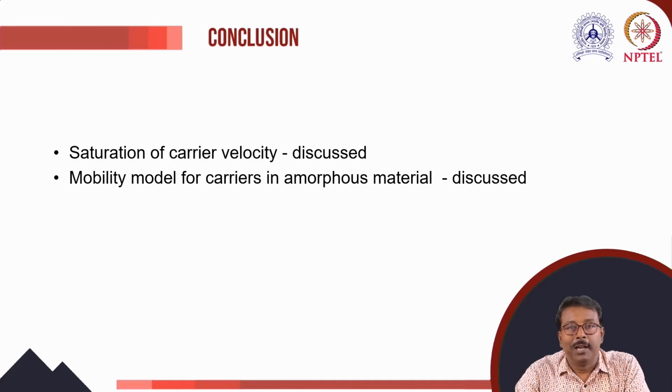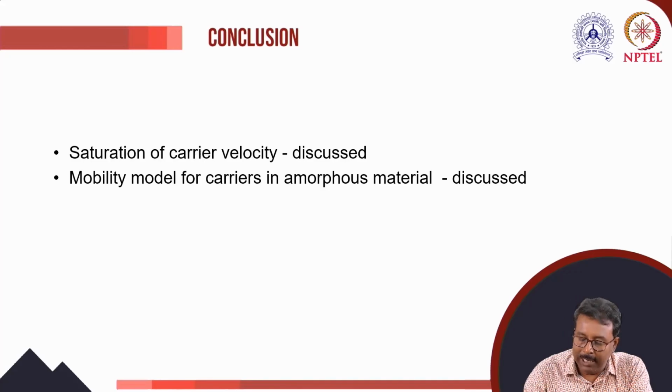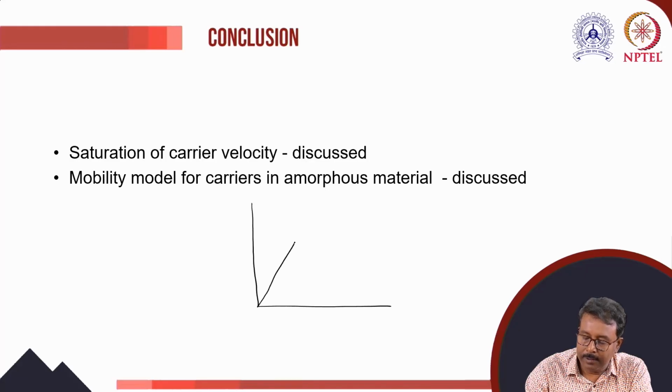However, in the case of gallium arsenide material, between the low field linear variation and the saturation region, there is an overshoot region. So the drift velocity overshoots in the case of gallium arsenide, that I forgot to mention. This will be like this. This is the saturation velocity, Vd, and this is the electric field.